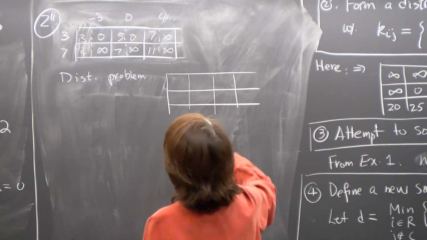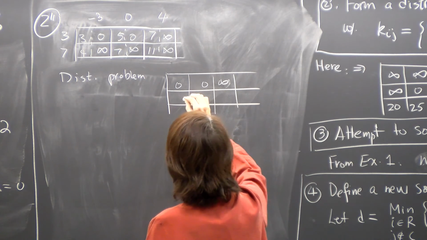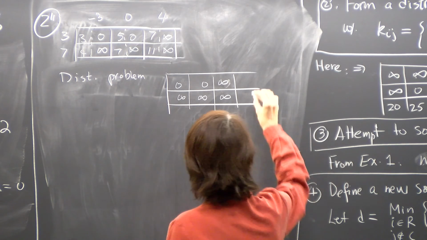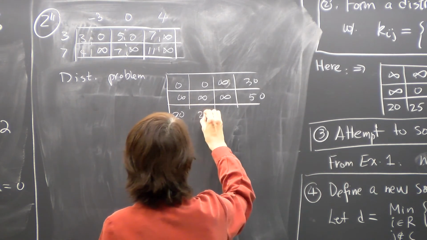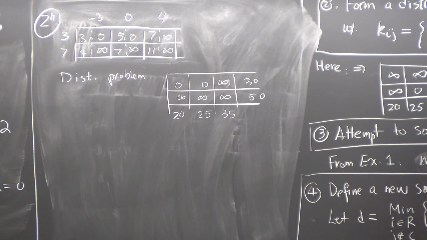So I have 0, infinity, infinity, linked, linked, linked, and 30, 50, 20, 25, and 35. So that's the distribution problem you will need to solve at this step. You see that I actually prepared it as an example earlier. That's example 3.